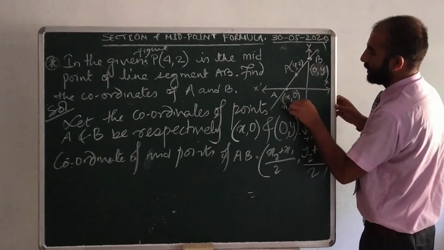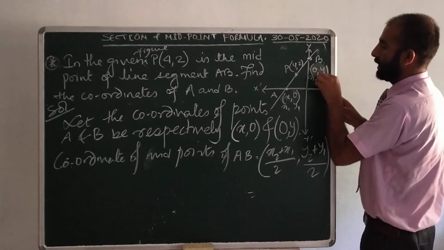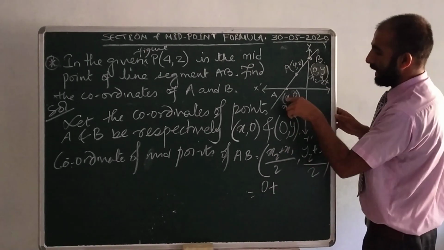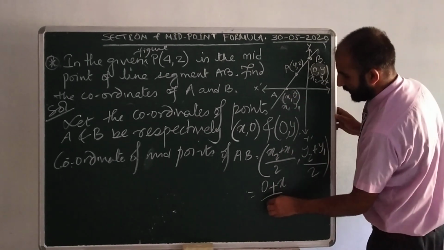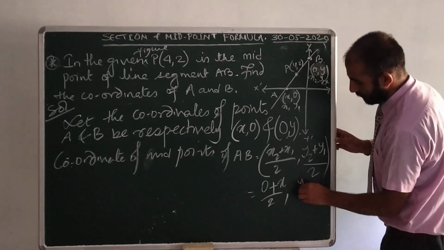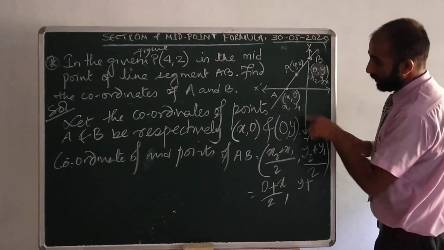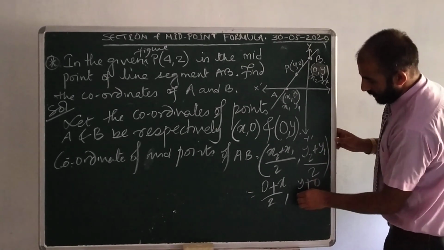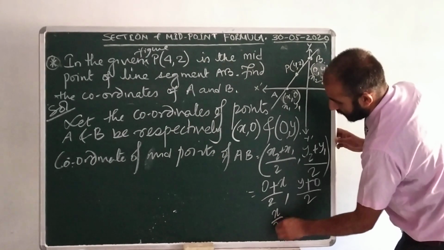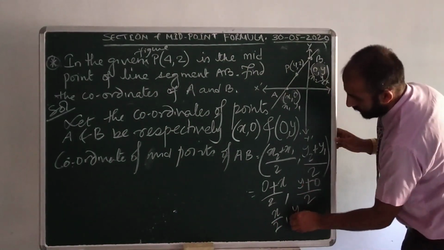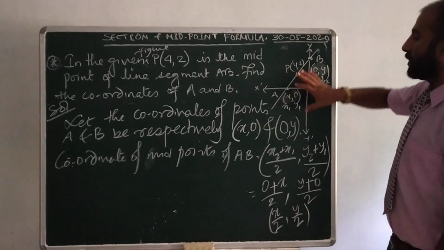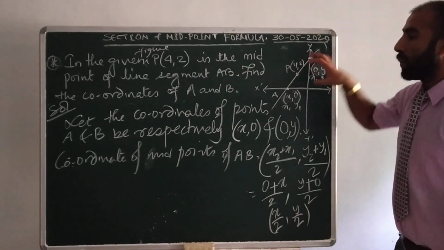Let's take these as x1, y1, x2, y2. So x2 is 0 plus x1 we have x, by 2. y2 is y plus y1 is 0, by 2. So finally we got x by 2 and y by 2.